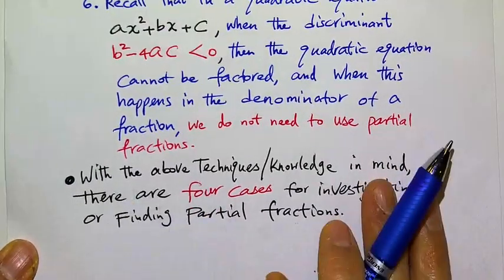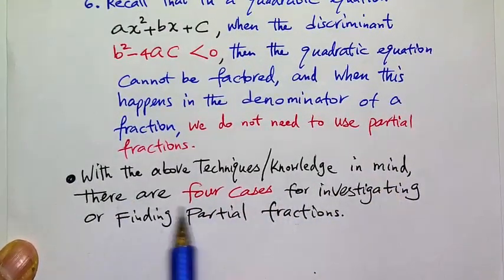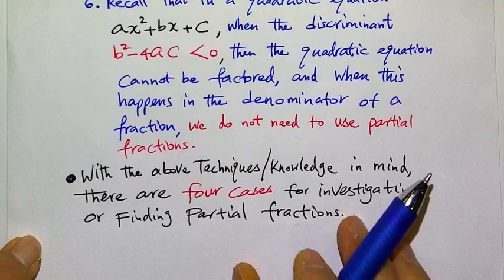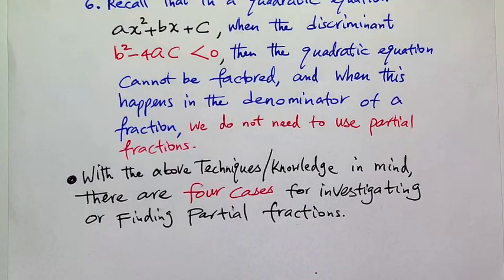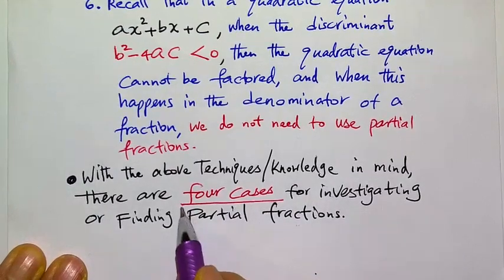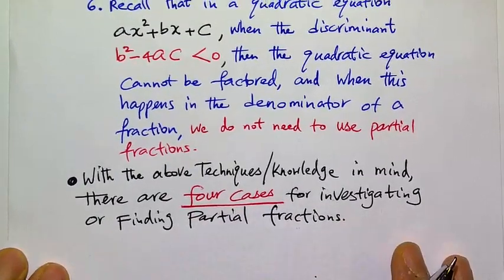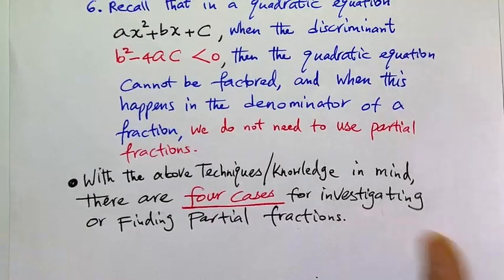With the above techniques and knowledge in mind, there are 4 cases for investigating or finding partial fractions. Very important. And we're going to look at all 4 cases in this section. Okay?